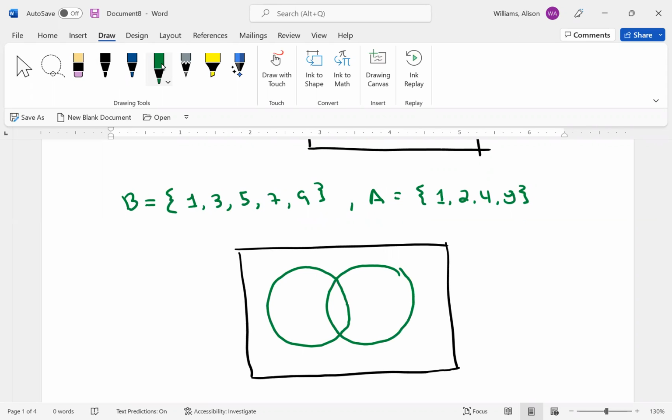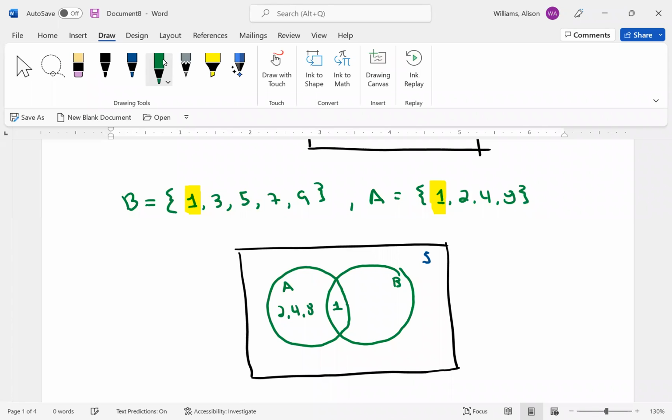Now you notice I made A and B overlap, and that's because A and B have some elements in common. So here's S sitting out here. So A and B have, let's see, they have the number 1 in common, and that's it. They have 1 element in common. So I want to put the number 1 in their overlap so that it's sitting in both A and B. But then in A, I want to put the numbers 2, 4, 8.